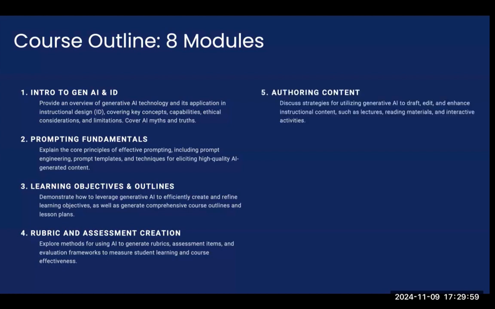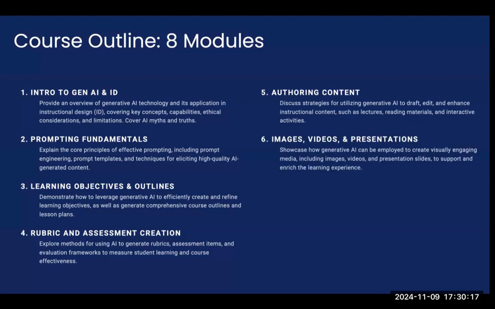So Module 5 is about authoring content. So we discuss strategies for utilizing generative AI to draft, edit, and enhance instructional content, such as lectures, reading materials, and interactive activities. And the next module focuses on how to use generative AI to create visually engaging media to support and enrich the learning experience.